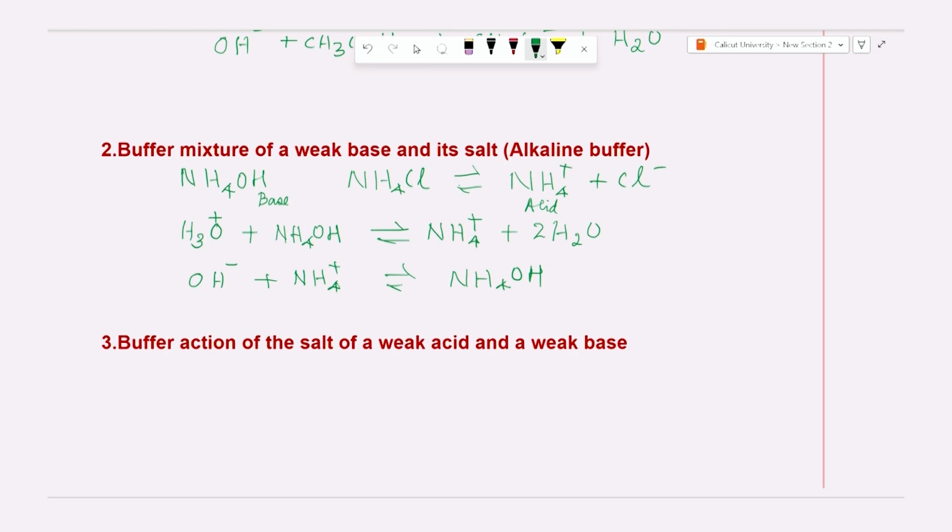Either the addition of H3O plus ions or OH minus ions are not felt in the solution, or you can say that the pH does not change.